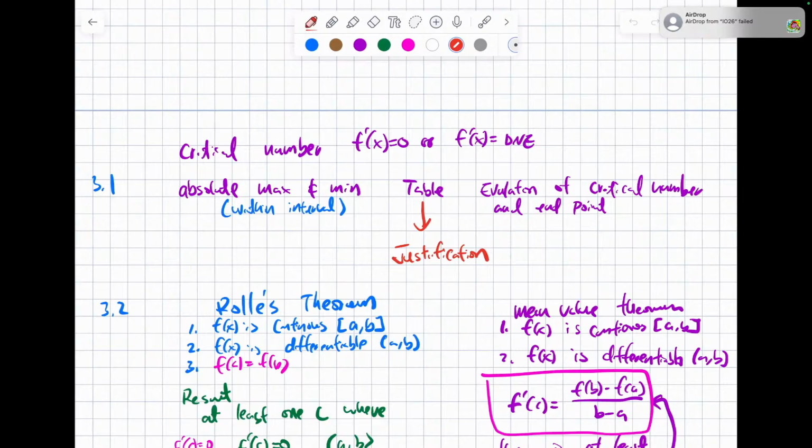Now, what does that mean? f prime of c is the instantaneous rate of change, the tangent line slope, and it's equal to f of b minus f of a over b minus a. That's the secant line slope. So on your test, when they ask you the mean value theorem, you have to figure out the slope between the endpoints first, set it equal to the derivative, and solve for x.